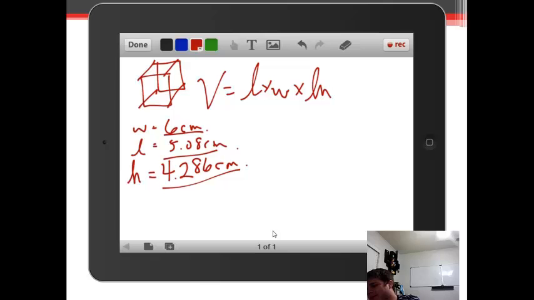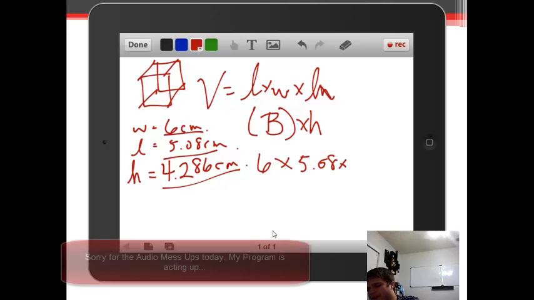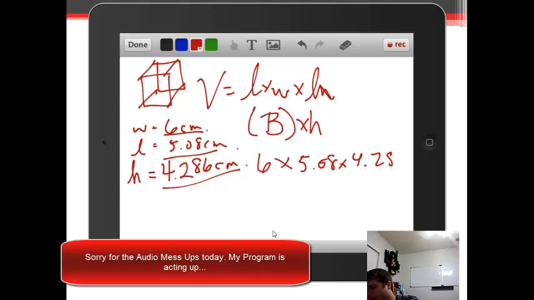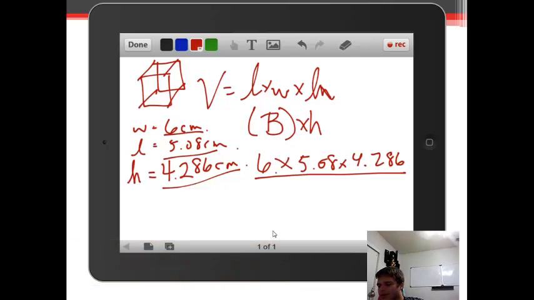You could also say the area times the height, and that's also true. So how would we do that using these numbers? 6 times 5.08 times 4.286, correct? Pretty straightforward, right? Centimeters, centimeters, centimeters. Multiply all those together, and it leaves your answer in centimeters cubed, okay? So we can see how volume can be measured in centimeters cubed.